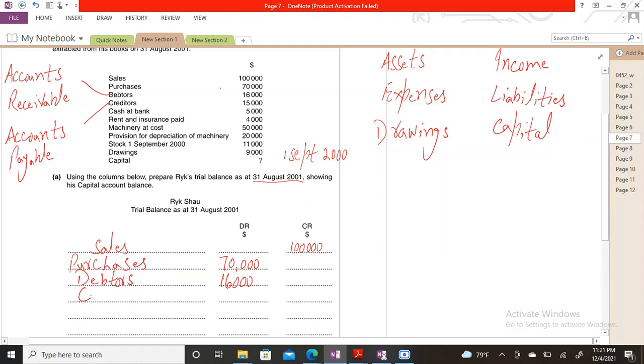Creditors, and the amount is 15,000. Then cash at bank. This is a current asset, 5,000.